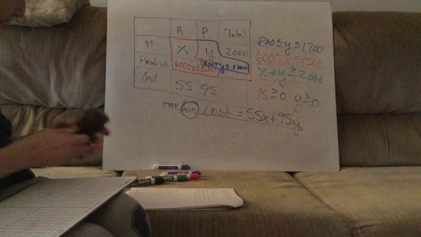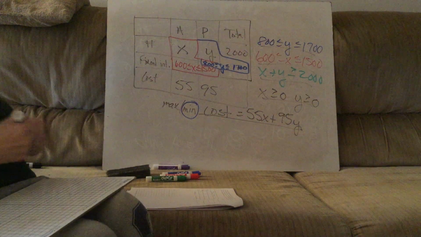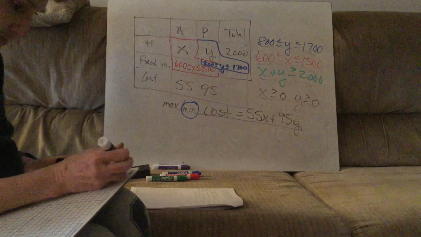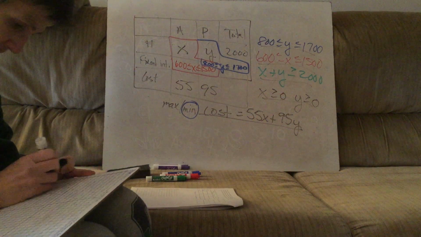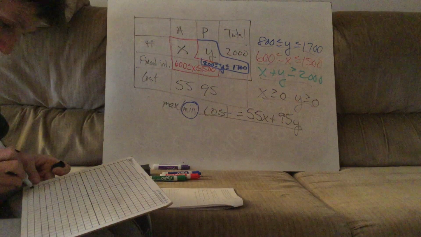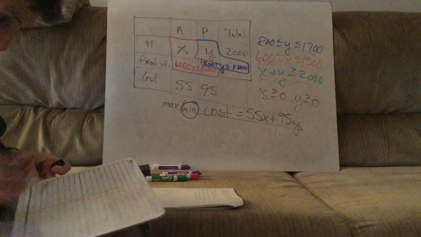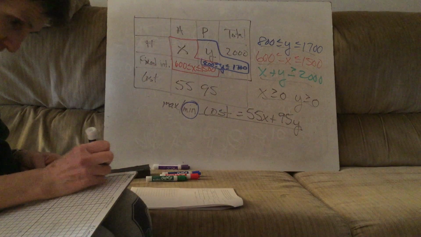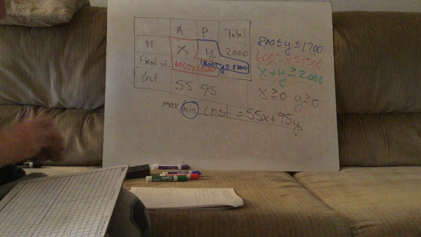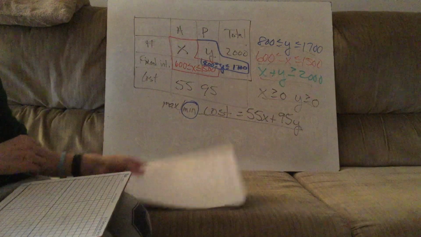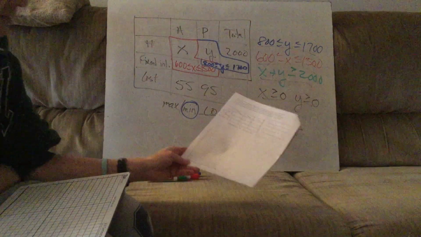Now you can probably tell by the size of those numbers that we're going to need to make some adjustments to our scale, because your graph's not big enough, my graph's not big enough. Remember, we've talked about this every time we've done one of these.